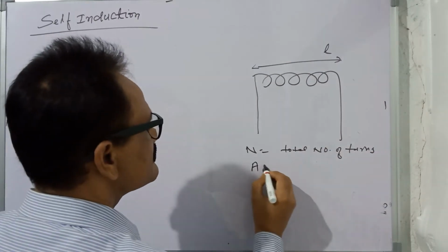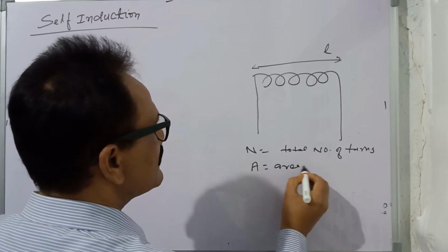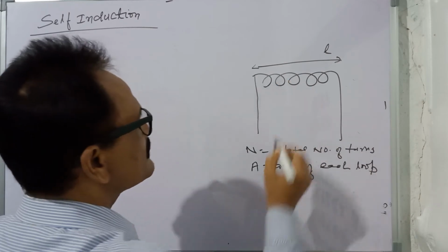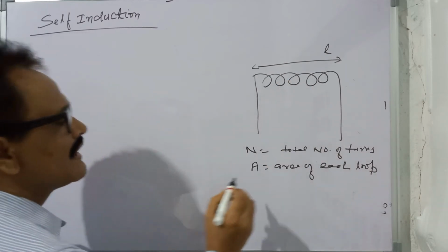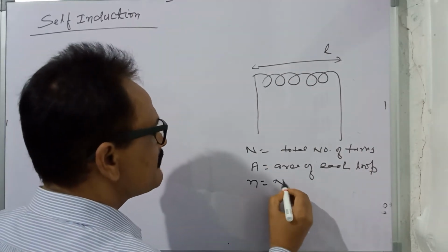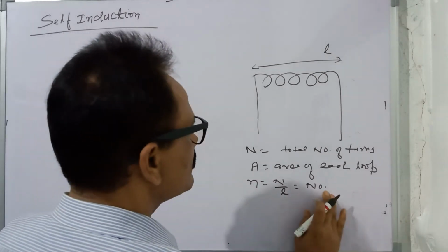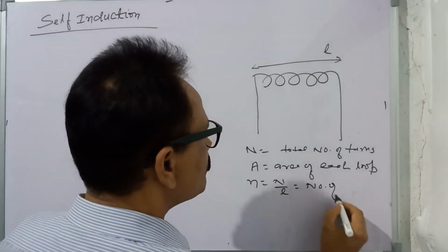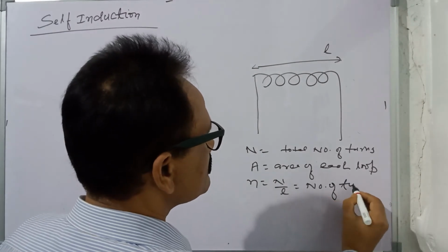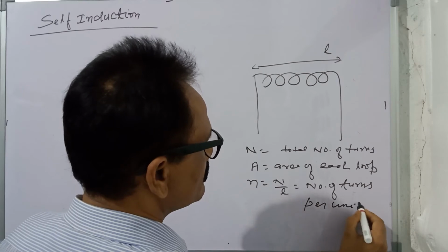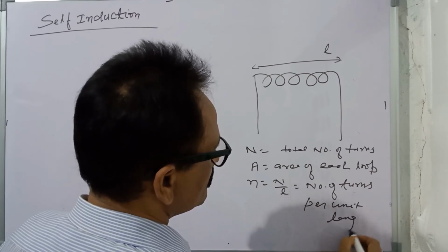A is the area of each loop. एक एक लूप की एरिया A है, and small n is N by L. It is known as the number of turns per unit length.